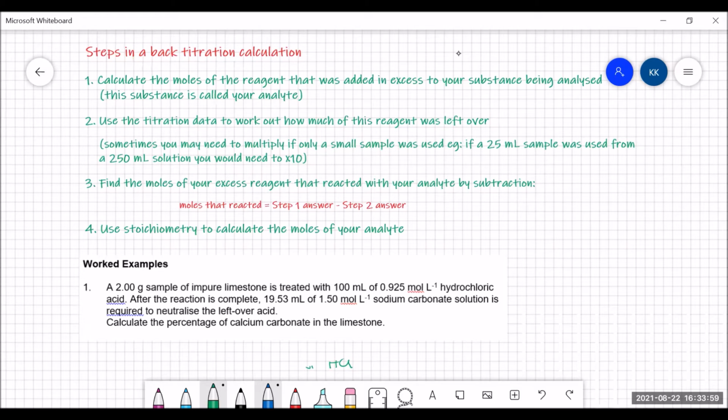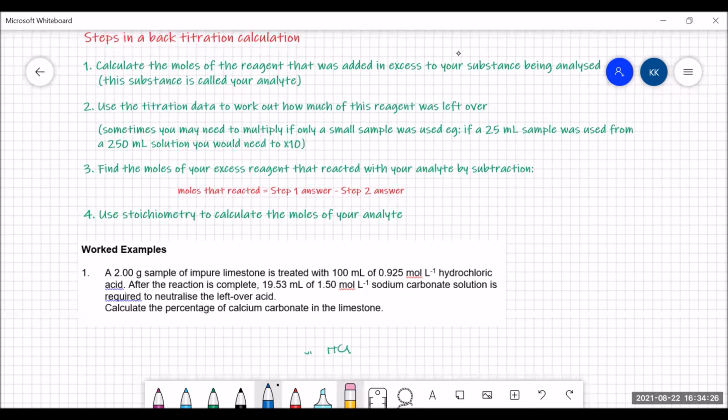Then you're going to find the moles of your excess reagent fairly simply by taking the amount that was left over from the amount you started with. And that must have been the amount that reacted with the crystals. And then you'll use stoichiometry in the normal way to calculate the moles of the stuff you're analysing. So the best thing to do, I think, is just look at a worked example.